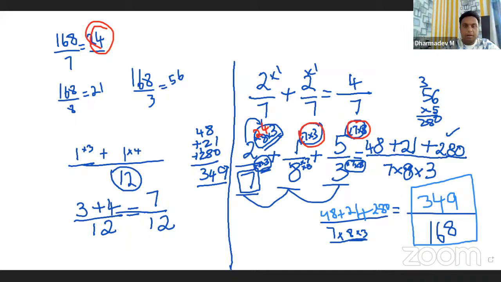Would it get divided by any tables? Whatever this 168 divides, that will get divided only by 7, 8, and 3. Okay. Understood, right? So can I clear it?